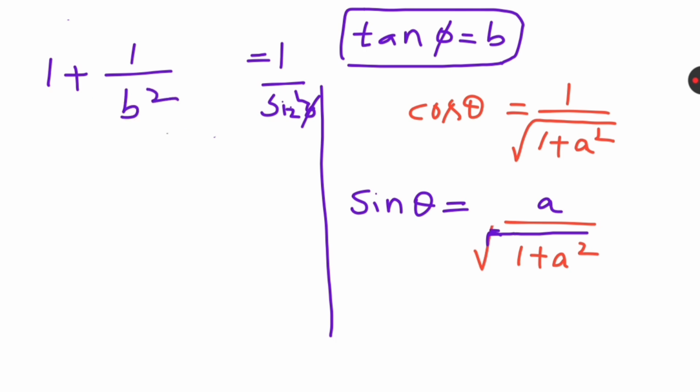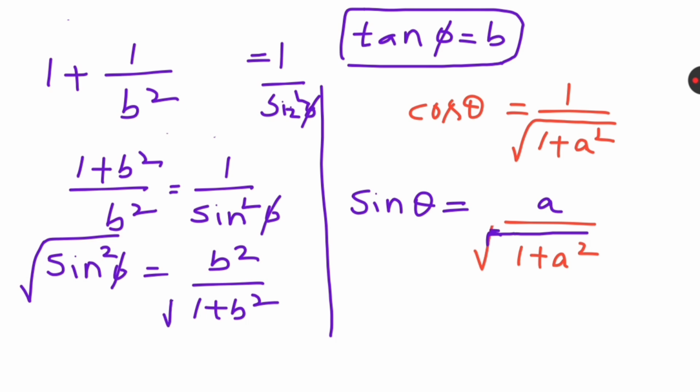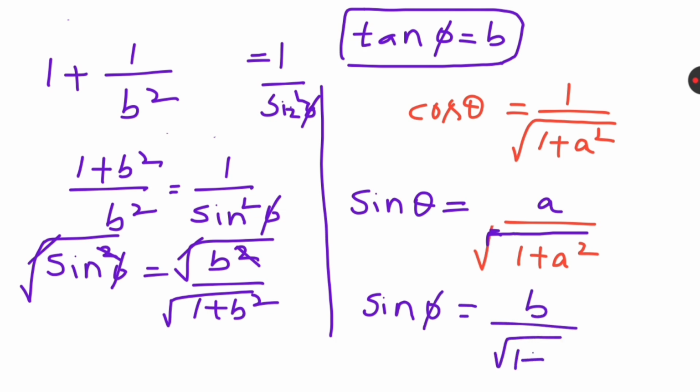If you take the LCM here, that is going to be 1 plus b power 2 over b power 2, that is our 1 over sin power 2 pi. So from here sin square pi is b power 2 over 1 plus b power 2. If you take the square root on both sides, the square and square root cancel, so sin pi is b over square root of 1 plus b power 2.